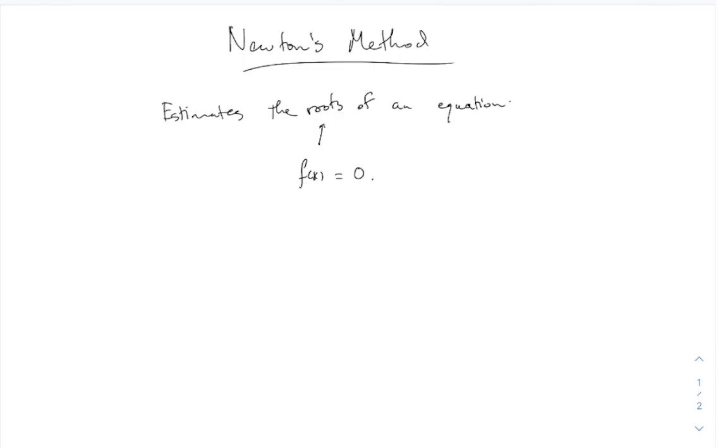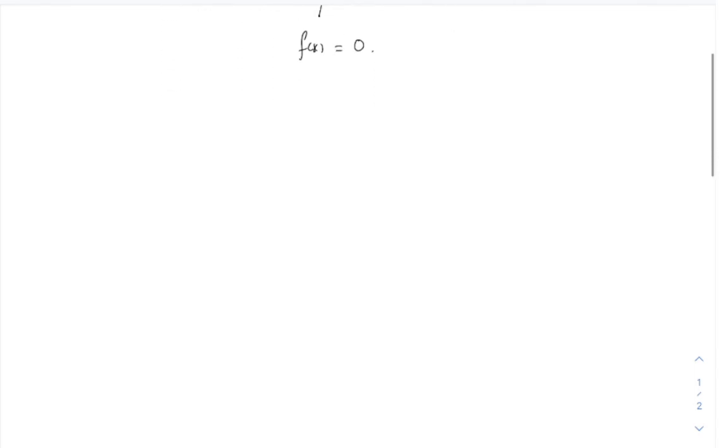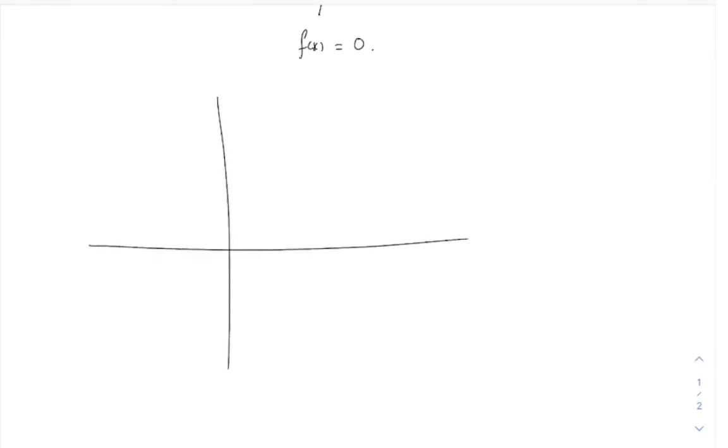All right, the example we were talking about last time, I had a picture to look at. The function that we were using was f of x equals x squared minus 2. The reason I was focused on that particular function is because we already know that the roots of this one are plus or minus square root of 2, right?